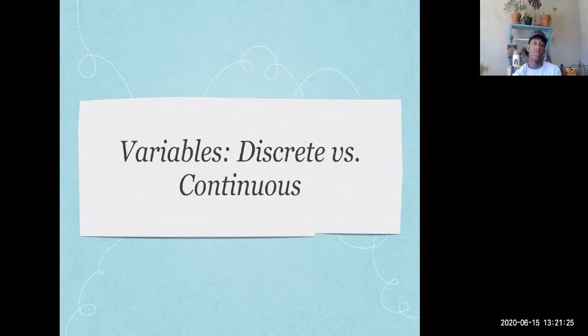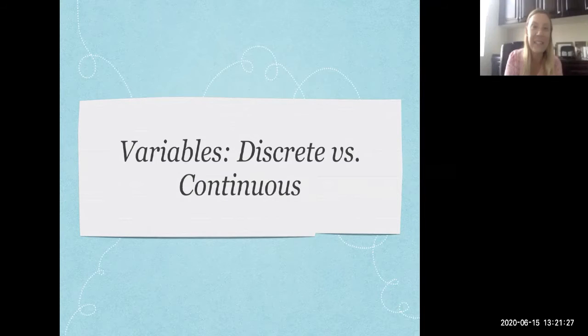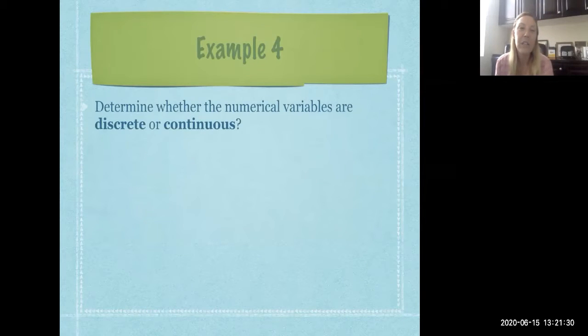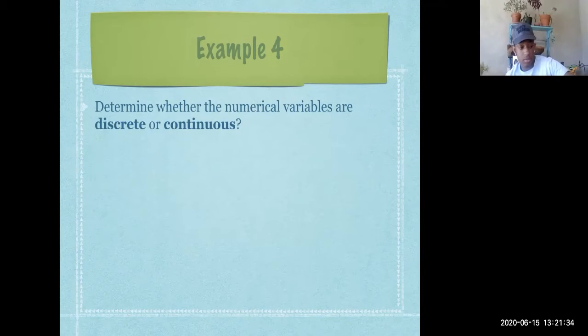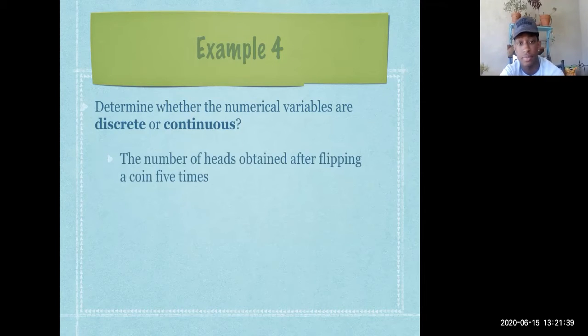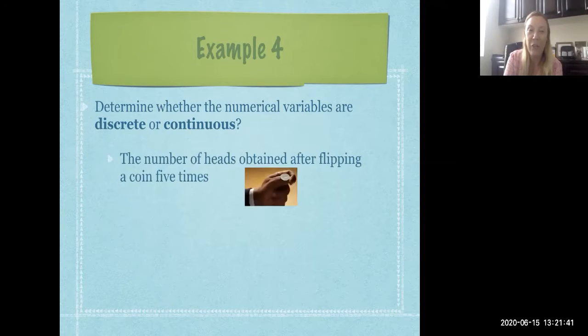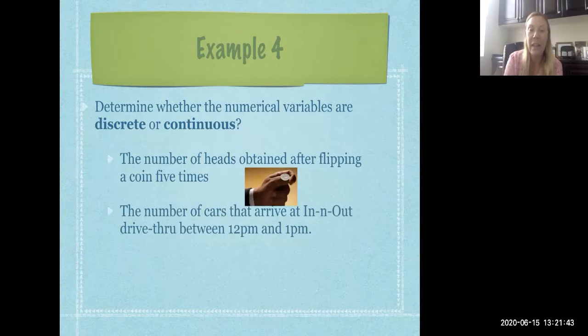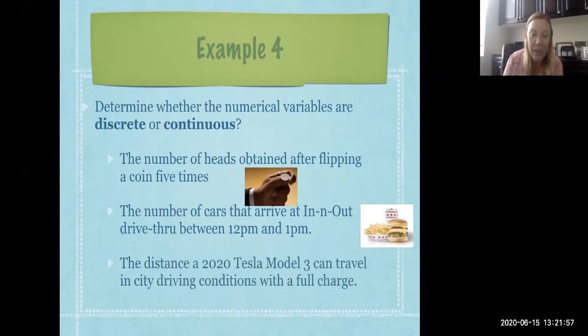Okay, so now I have examples. Determine whether the numerical variables are discrete or continuous. So we have the number of heads obtained after flipping a coin 5 times, the number of cars that arrive at an In-N-Out drive-through, I can't read what it says, but I'm going to guess the drive-through, between I think 12 and 1 p.m. And Jade, can you read this next one for me at the bottom?